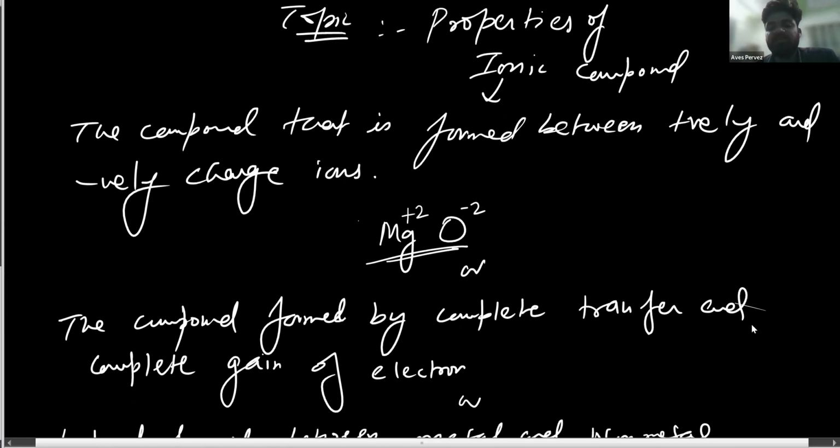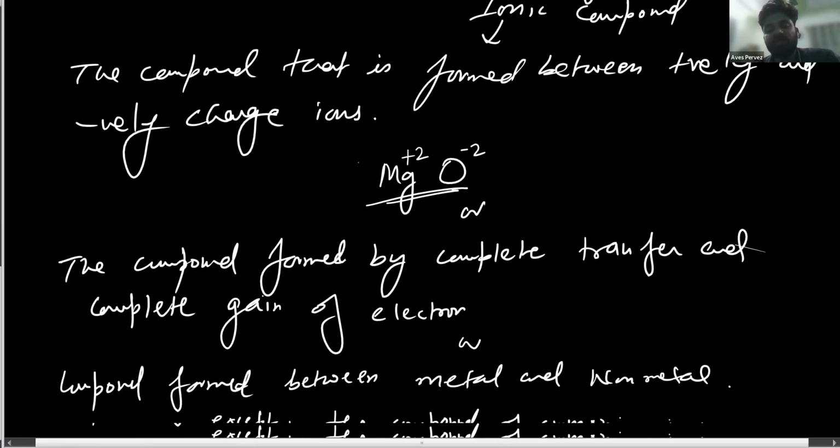For example, Mg2+ is positively charged and O is negatively charged. Or we can say the compound formed by complete transfer: Mg has donated completely, there is no sharing between these two, and oxygen has completely gained 2 electrons from magnesium. So the bond is formed by complete transfer or complete gain of electrons.